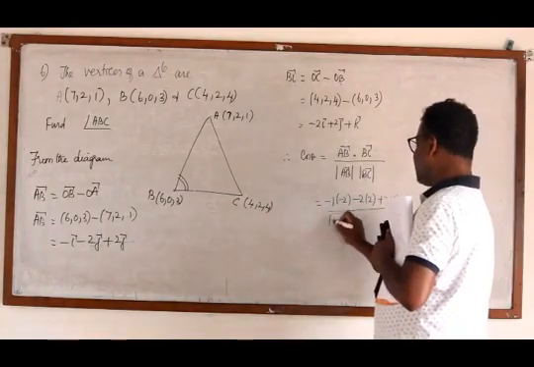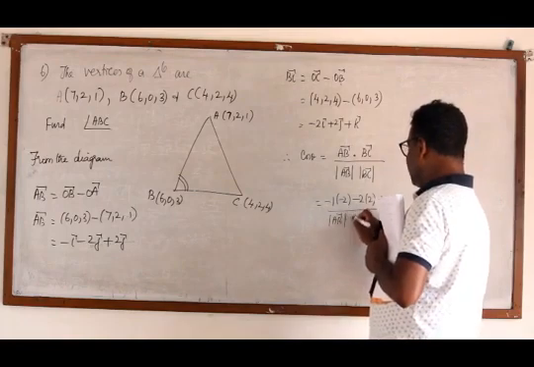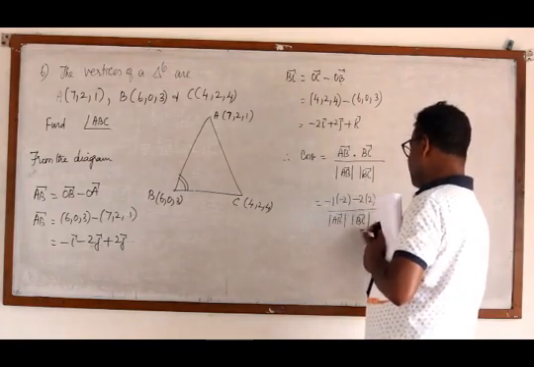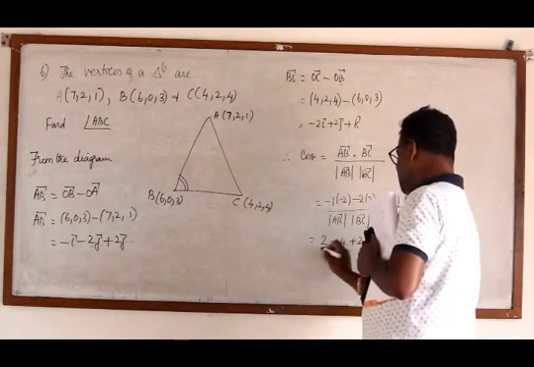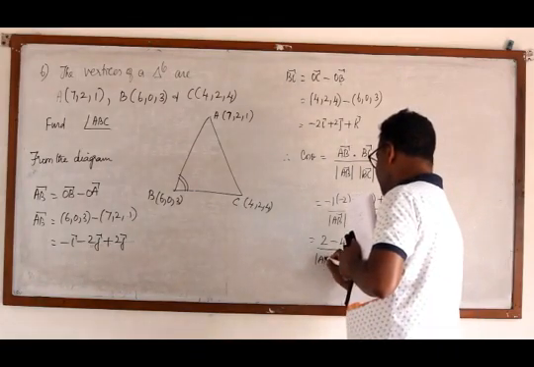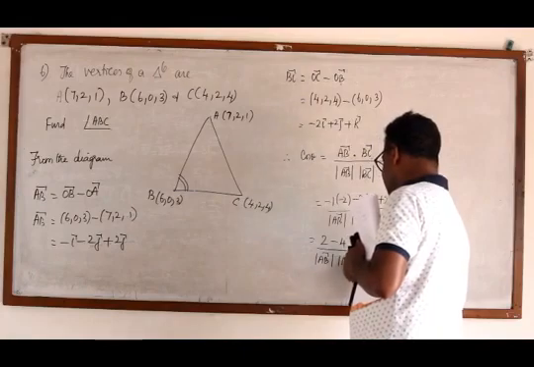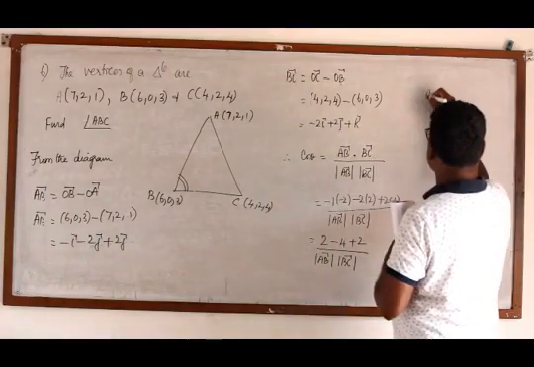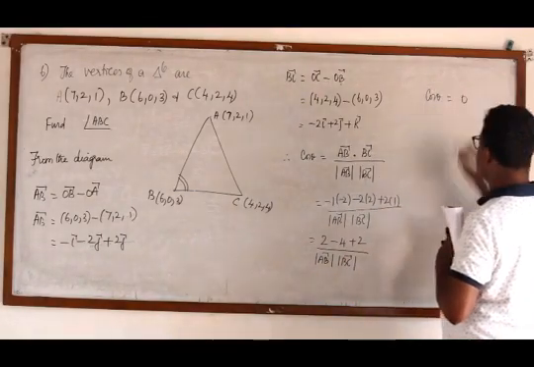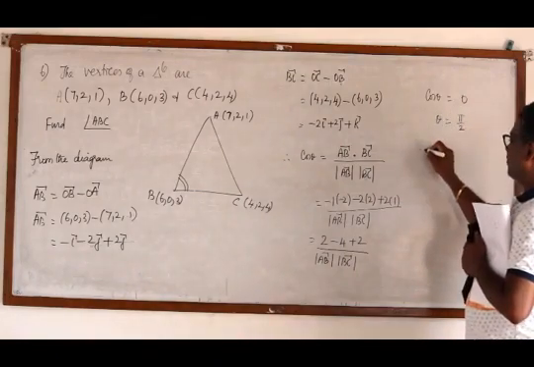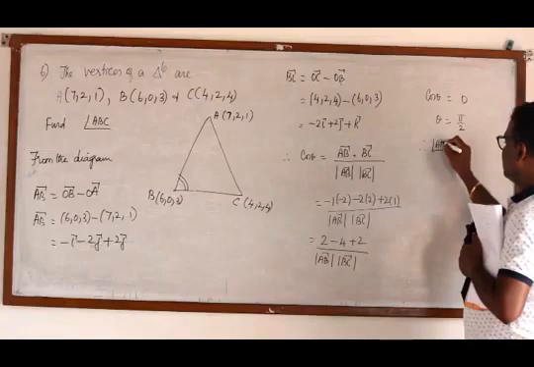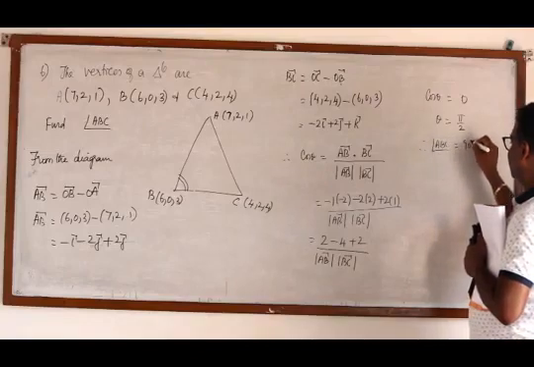So the numerator is 0 by modulus of AB into modulus of BC. Cos theta is 0 by anything, which is 0, then theta is 90 degrees. Therefore, angle ABC is 90 degrees.